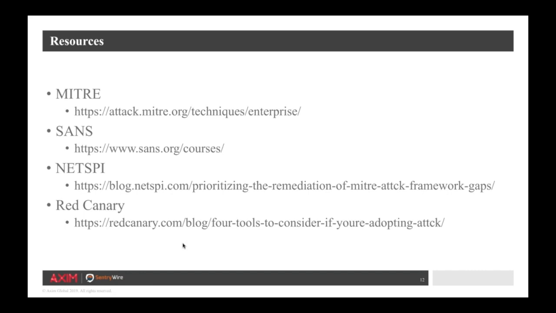They'll knock a sequence of ports, and if that is the right sequence, they'll be able to access an asset. So there are quite a few sub-techniques that can be identified from that single technique.